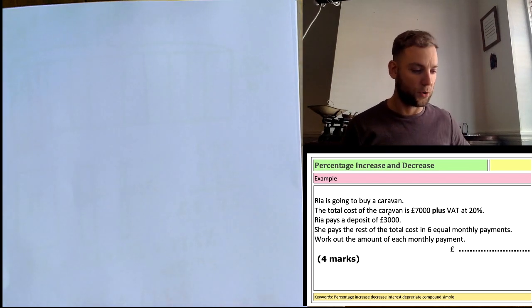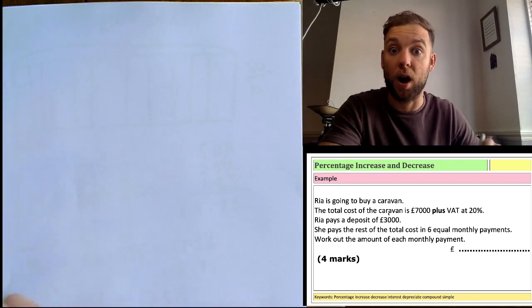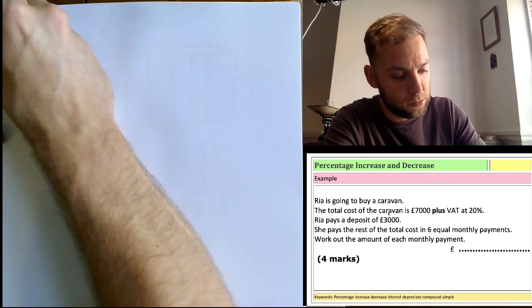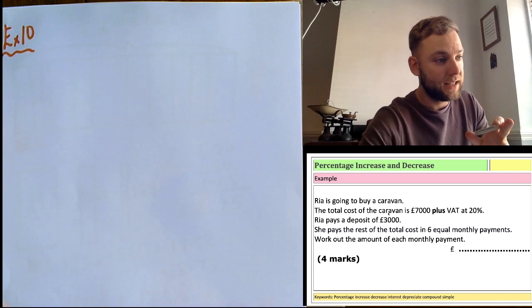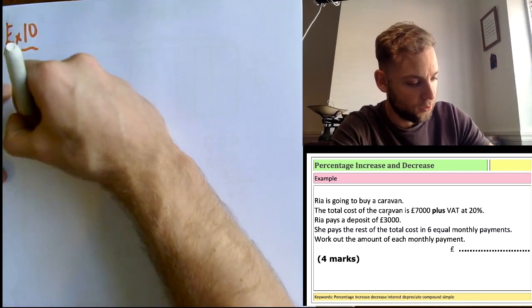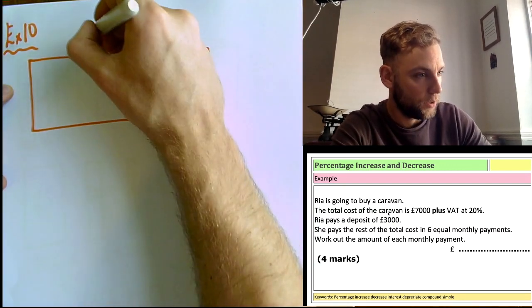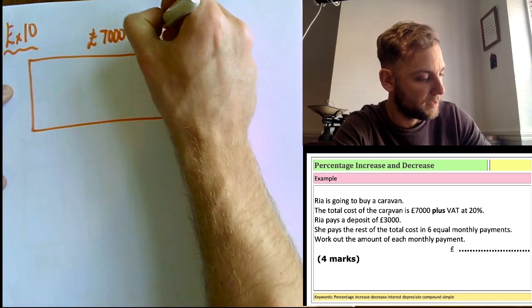So I've put this one up so we can have a go at it, because these questions do come up a lot. Okay, so it's example 10 now for this one. So the first thing I need to do is add the 20% on. So I'm going to do that by first of all drawing out my bar, the bar method. We know this is equal to £7,000, which is equal to 100%.